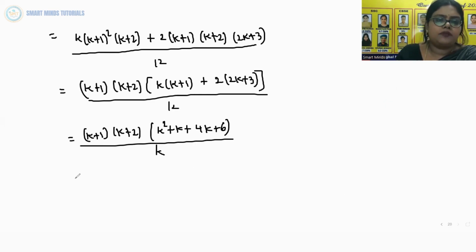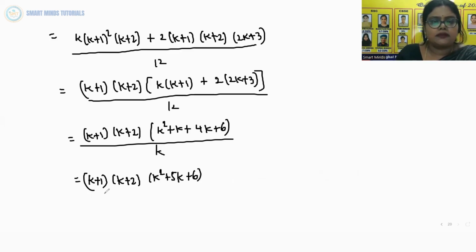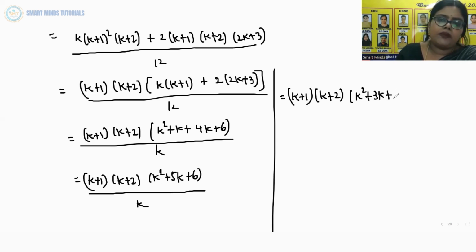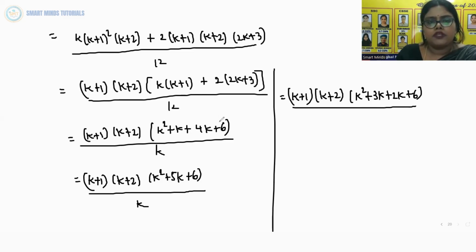Now we will further simplify. So k plus 1 into k plus 2 into k square plus 5k plus 6. We need to split the middle term now in the third bracket. So k plus 1 into k plus 2 into k square plus 3k plus 2k plus 6 by 12.